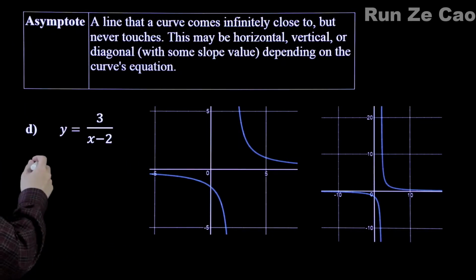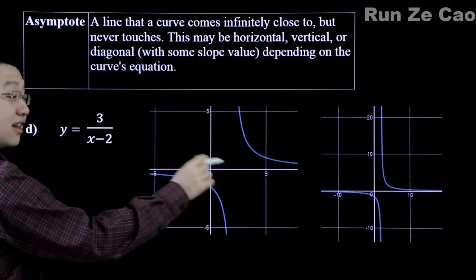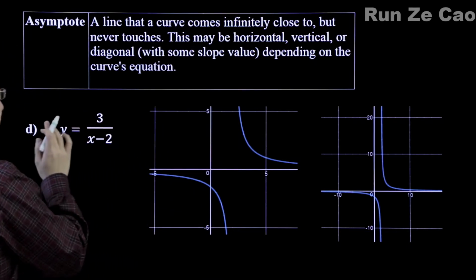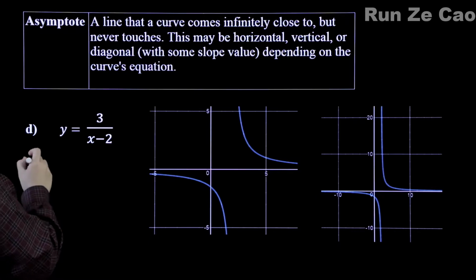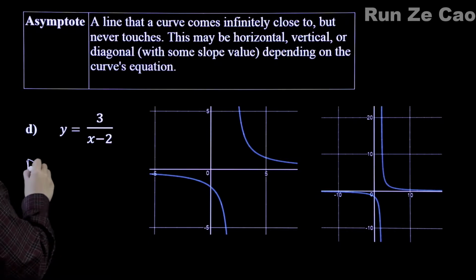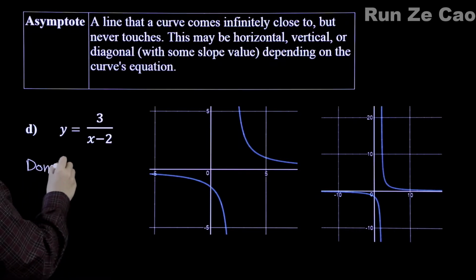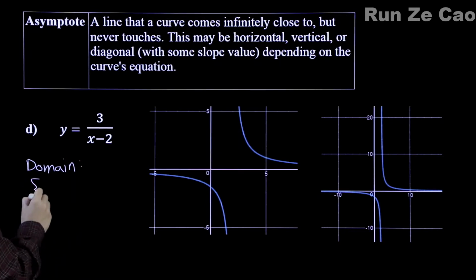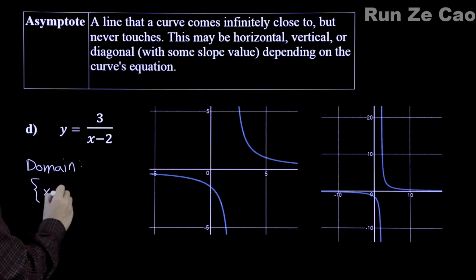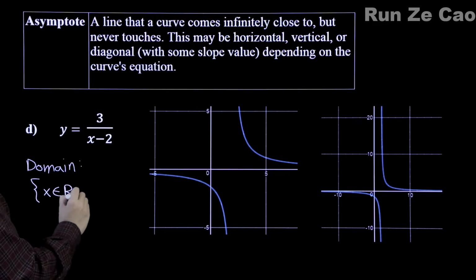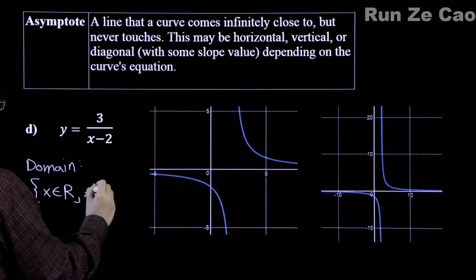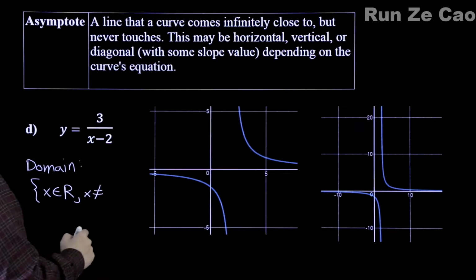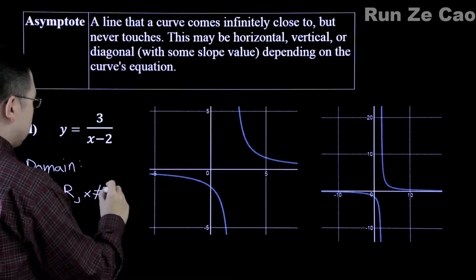So, we don't consider that to be the case here. Now, the domain would be the set where x is an element of the real numbers and x is not equal to 2.